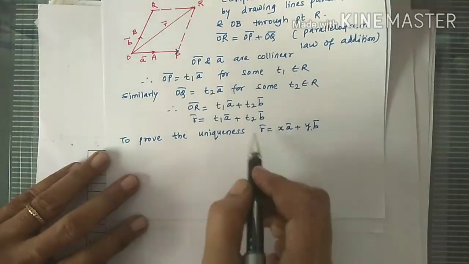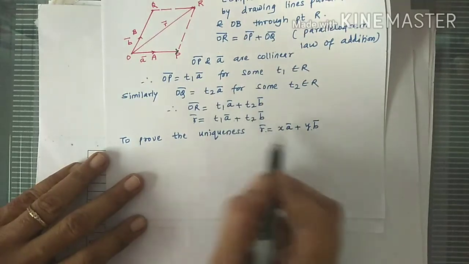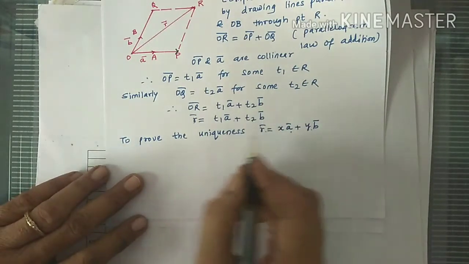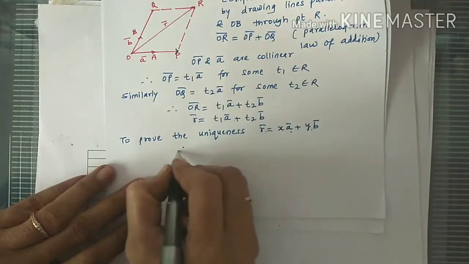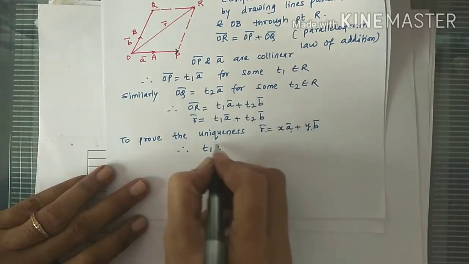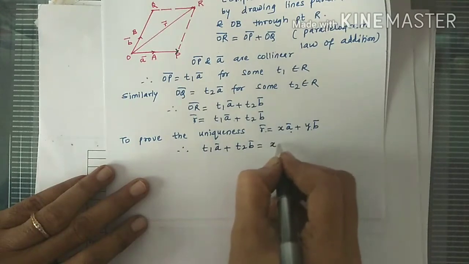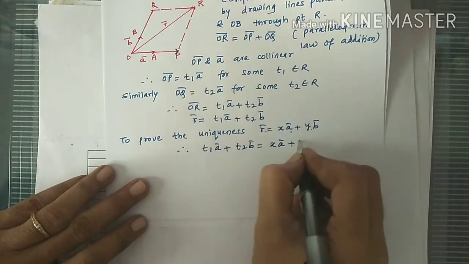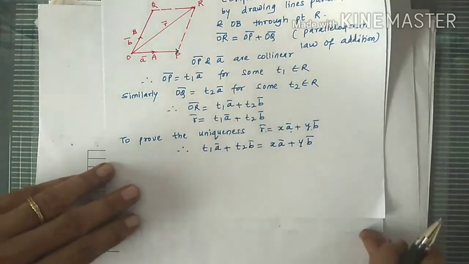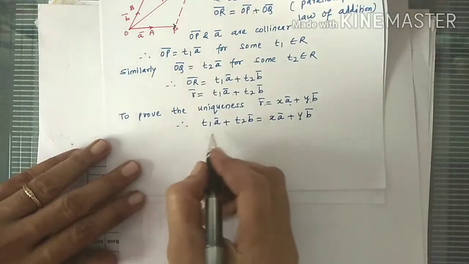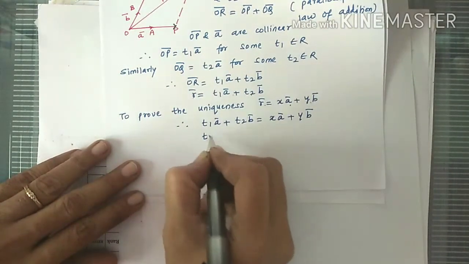Now the left side is R bar in both the equations, so let's equate the right parts. Therefore, we have T1 A bar plus T2 B bar as X A bar plus Y B bar. Now let's write A bar to the left side and B bar to the right side.